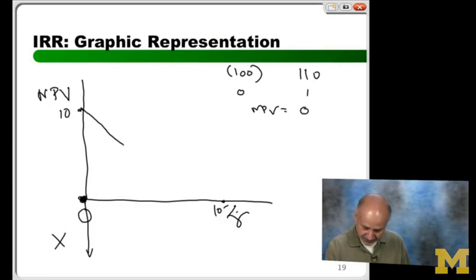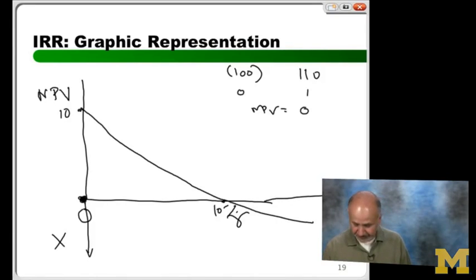So draw a line. And just pay attention a little bit to this. How difficult in this example is it to calculate the IRR of my project? Very easy. In the graph, 10% is the IRR. Why? Because I know at 10% the NPV is 0.